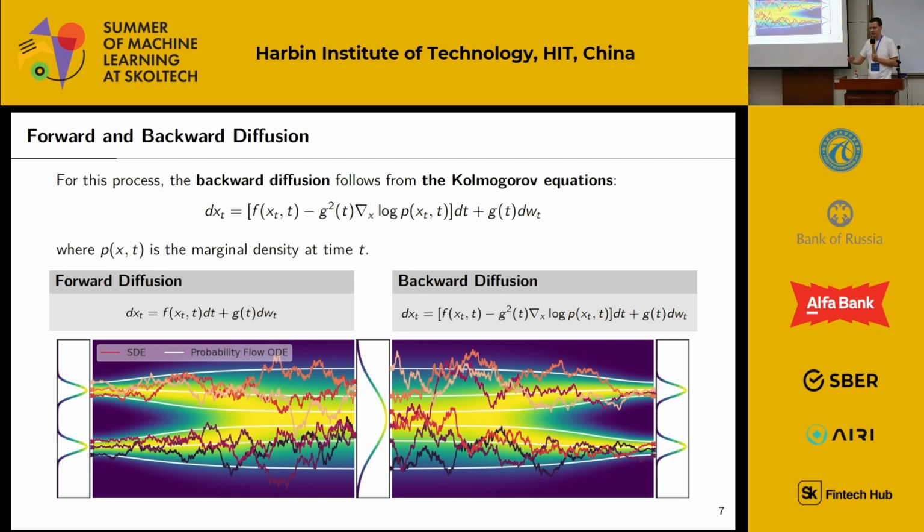And for this, there are the famous Kolmogorov equations, which were derived in the middle of the 20th century. They say that if we want to write down the evolution of our point in the backward time, then we can write down a so-called backward diffusion equation, which will differ from the forward equation in two things.